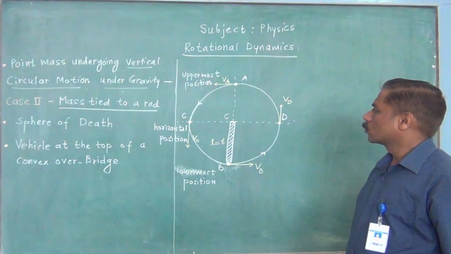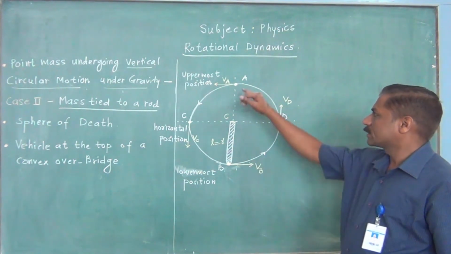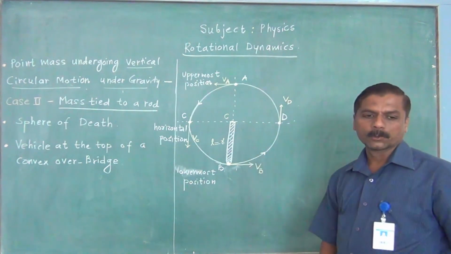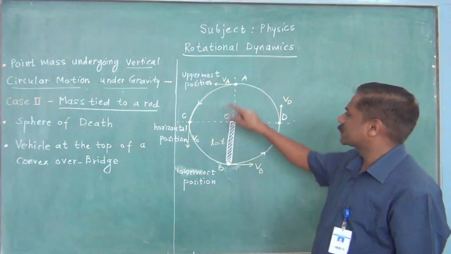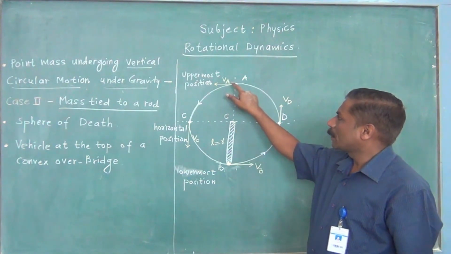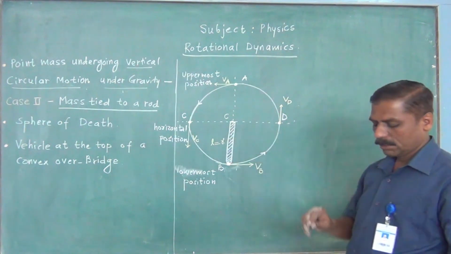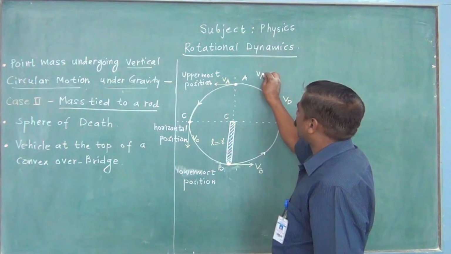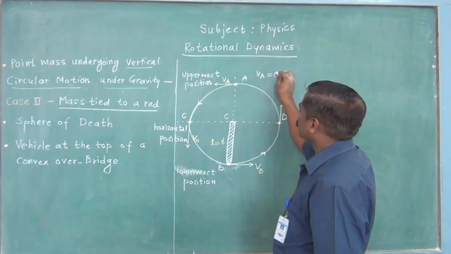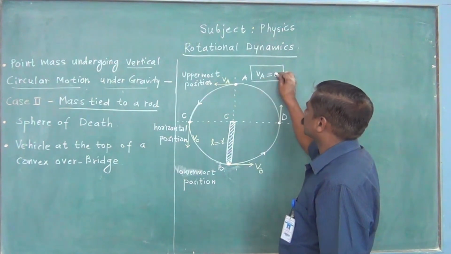Okay, so we are interested to find out the velocities at different positions. So you will find the different velocities are here. At the uppermost position, in case of the rigid rod, the velocity at the uppermost position is equal to 0.